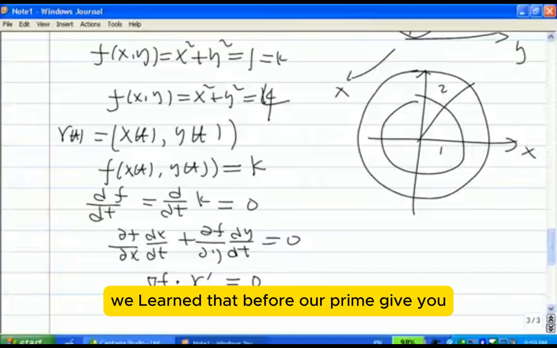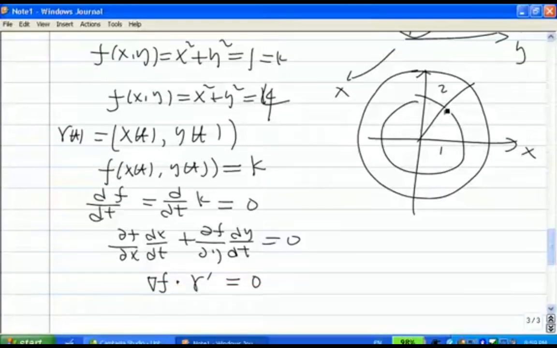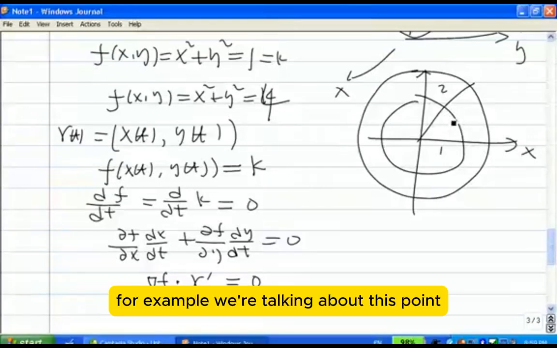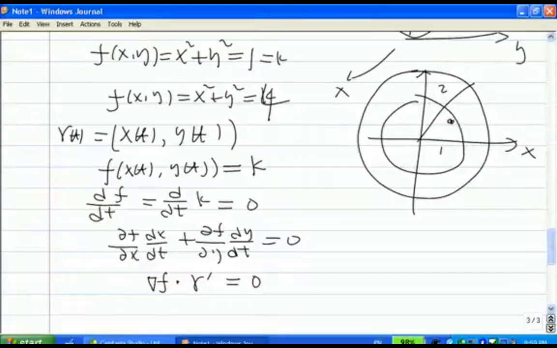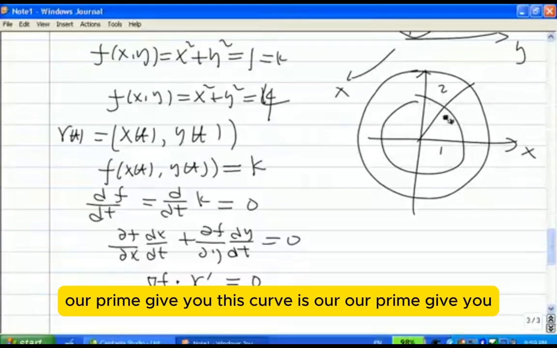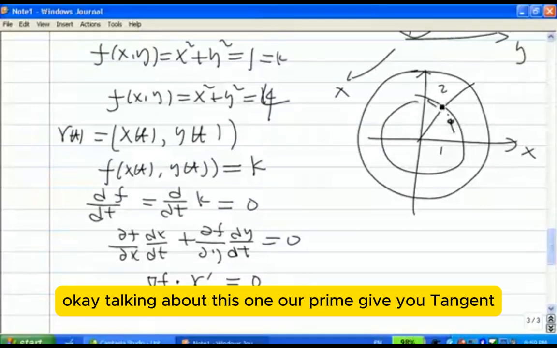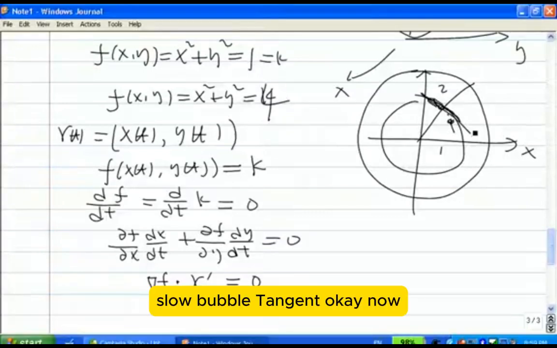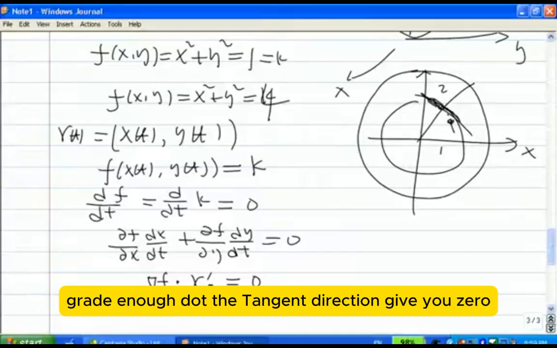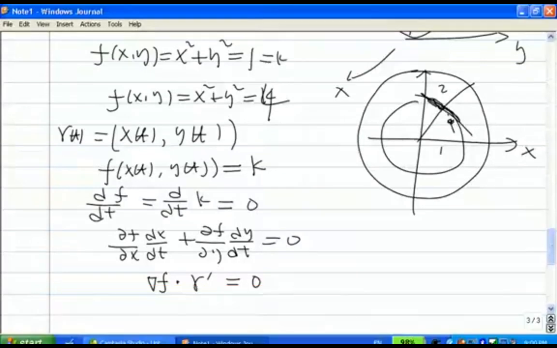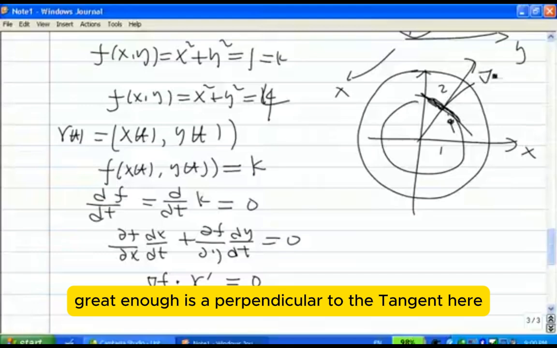We learned that before. This curve is r, and r prime, at this point, gives you the slope of the tangent. Now gradient f dot the tangent direction gives you 0. That means gradient f is perpendicular to the tangent here.